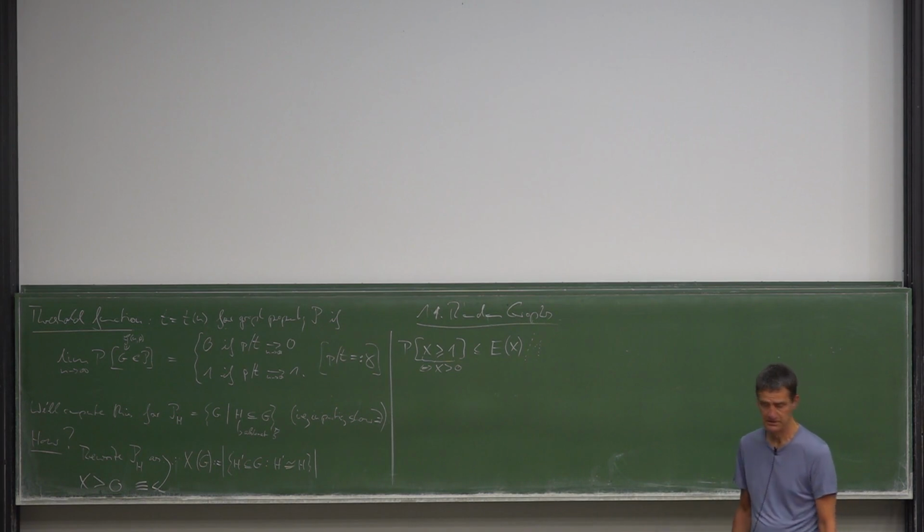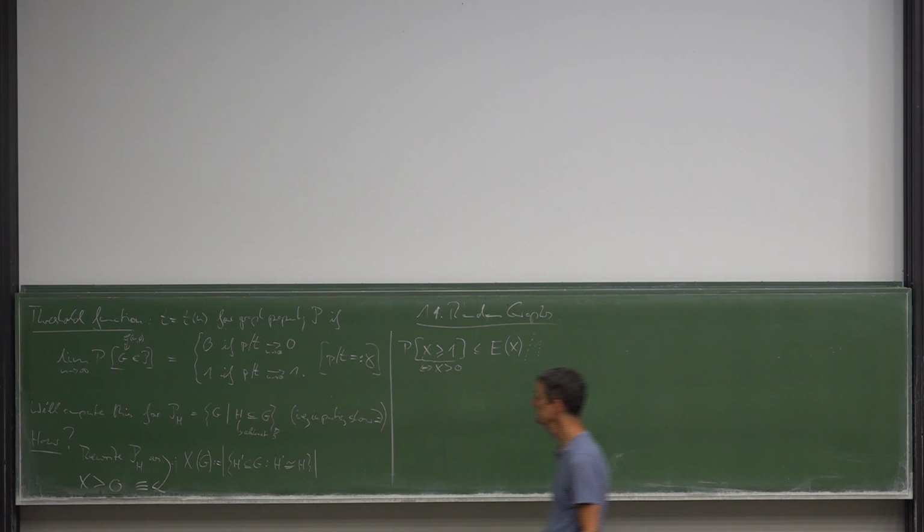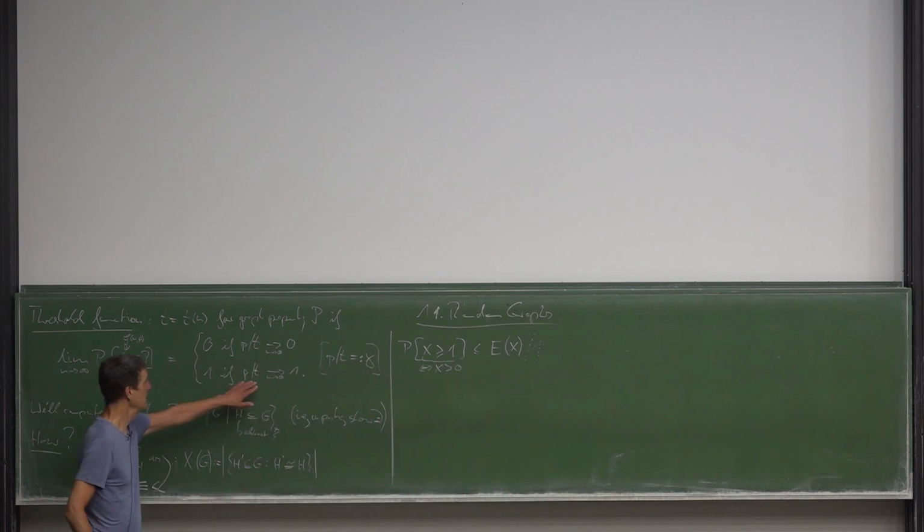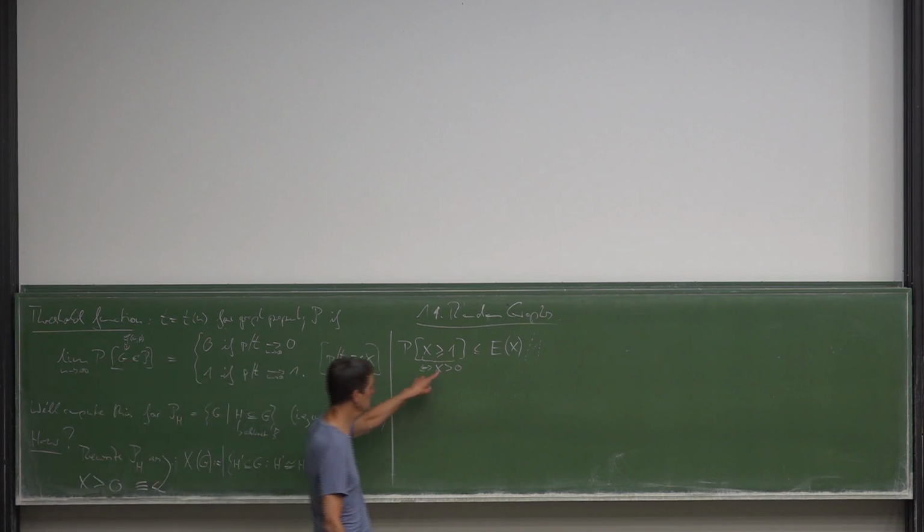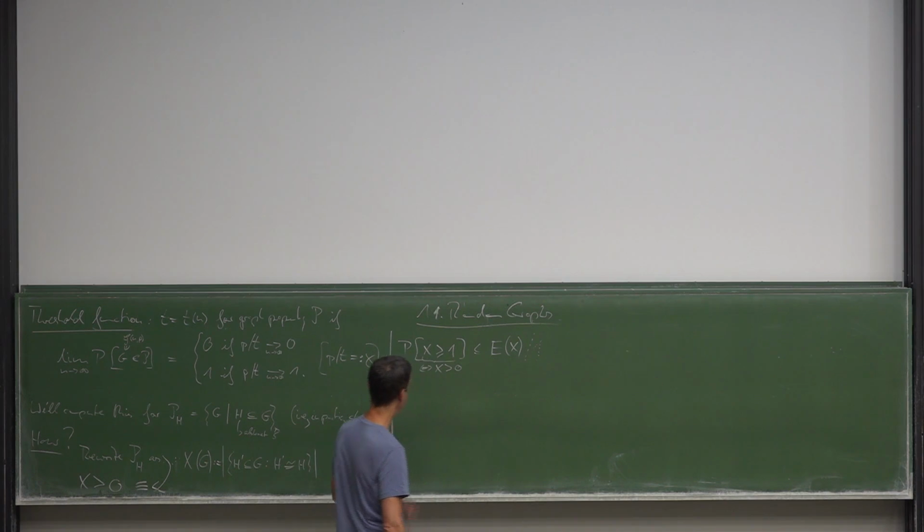How about the other half? How do we show that if the probability grows faster than t, or decays less fast than t, that almost every graph has that property? So translated in this way, we want a lower bound.